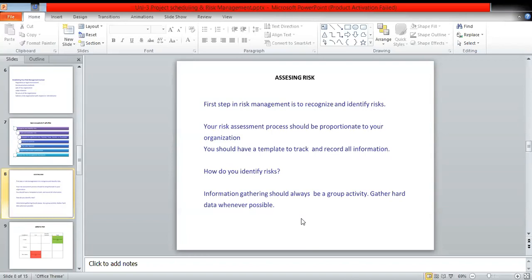Your risk assessment process should be proportionate to your organization. It means everyone should know what kind of risks you have taken. Big organizations and big corporate offices have people responsible for particular work, like a CA. A chartered accountant is responsible for the balance sheet.